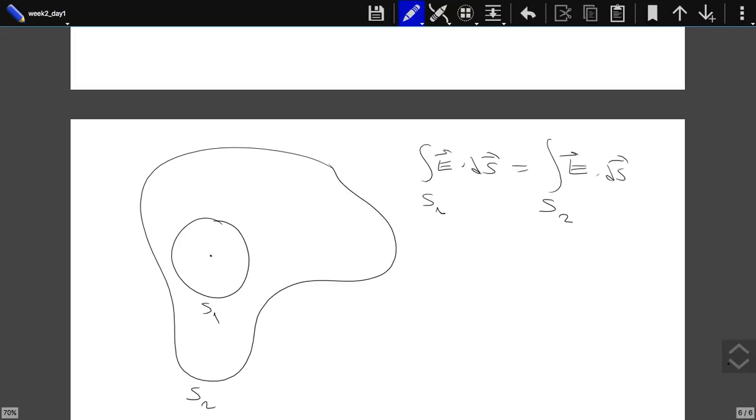Now, again, integrals equal summations. So just take your surfaces and divide them into very small segments. I will divide both of these surfaces into very, very small segments. Let me take one of those very small segments. This is a cone, not a two-dimensional angle. Just imagine a cone of some shape.